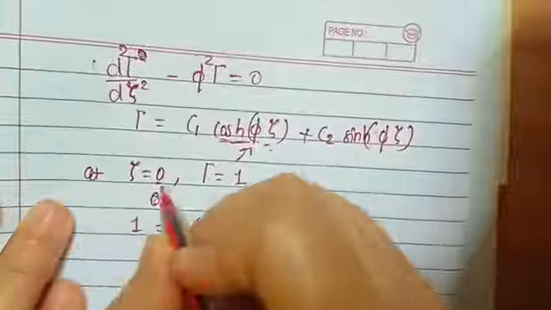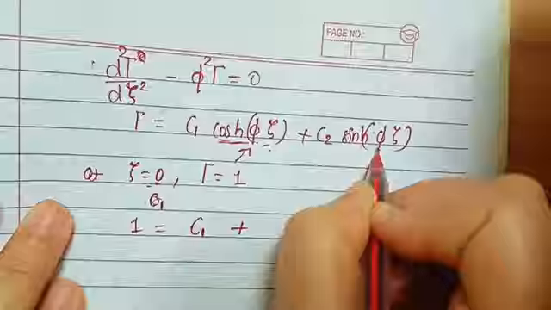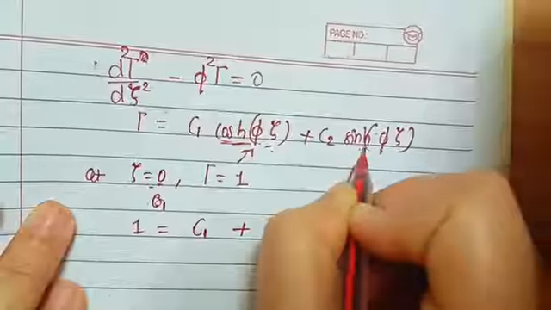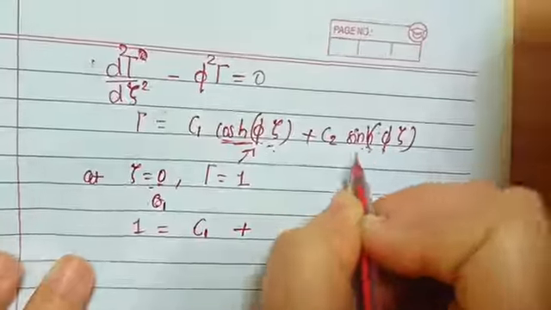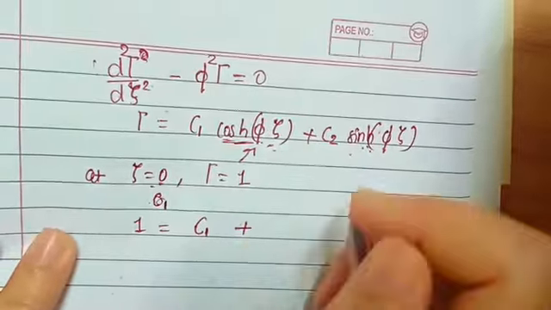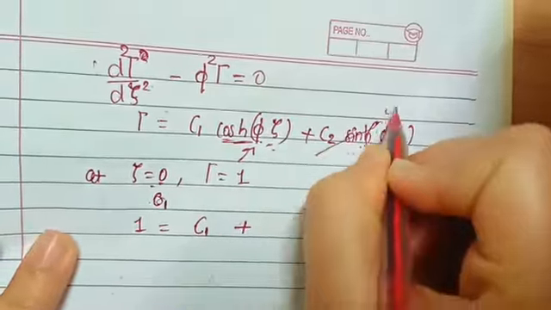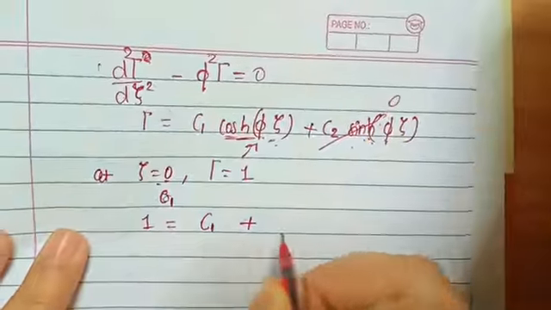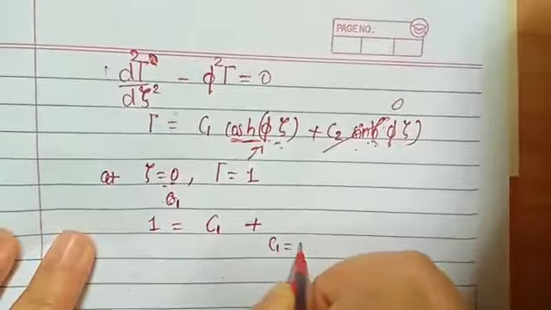By putting zeta as 0 in the sinh term, it becomes sinh 0, which is equal to 0, so this term will be 0. So it will remain with only C1. C1 is equal to 1.